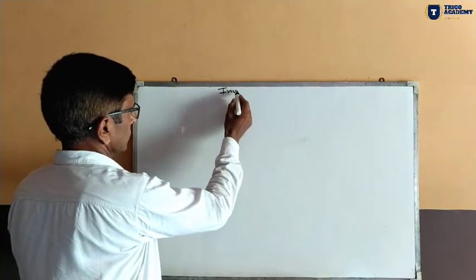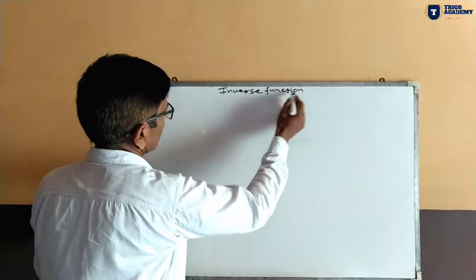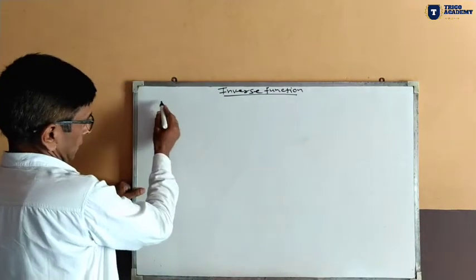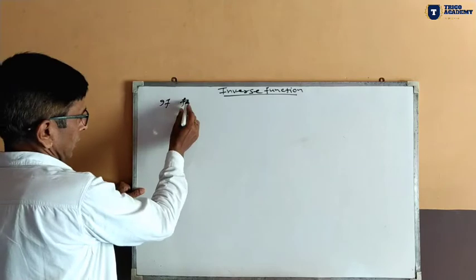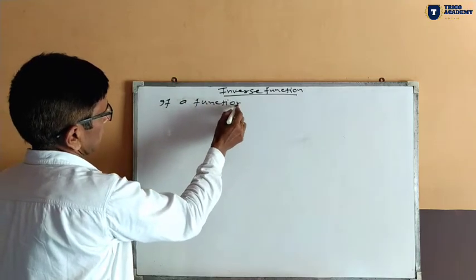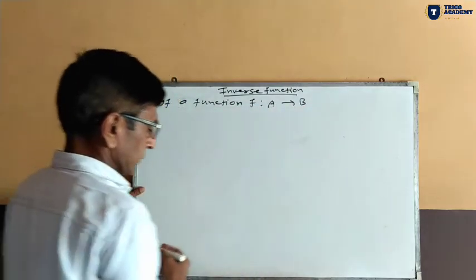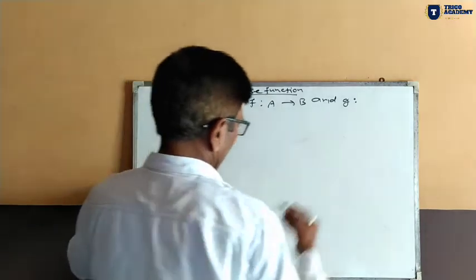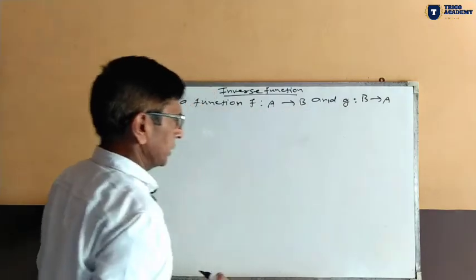Inverse function. If a function f is defined from A to B, and another function g is defined from B to A. There are two functions, one f and second g.